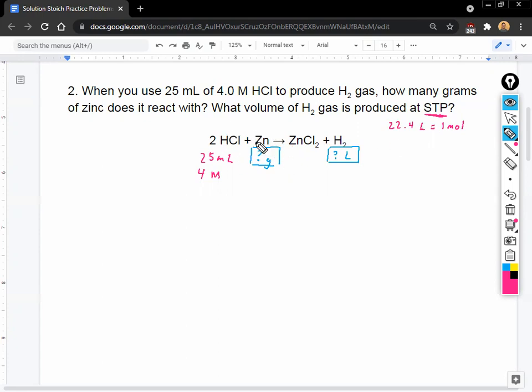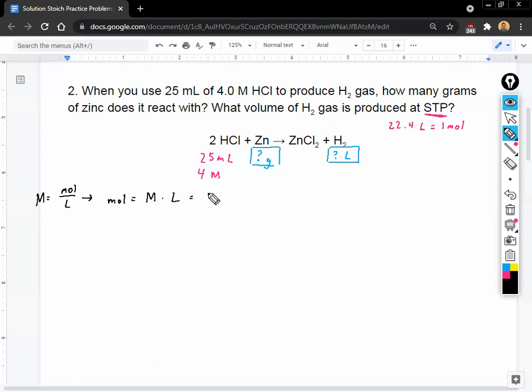Okay, so let's start with the zinc because that's the first one it asks. From here, it's the same thing that we've been doing. You're going to take the molarity formula, and then we can rearrange it to look for moles. So moles is equal to molarity times liters, okay? You don't have to rearrange it if you don't want to. I just like to do it because it looks prettier, and it's my way of flexing that I know how to do basic algebra.